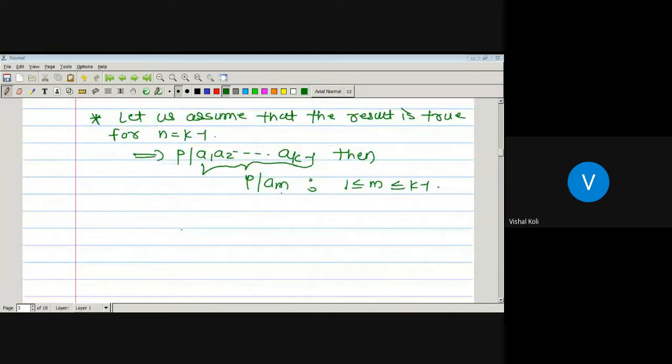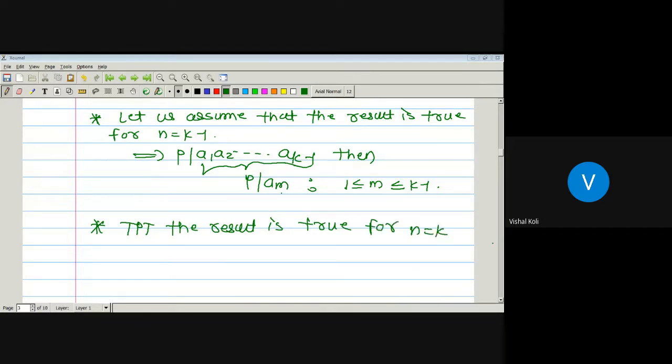In the last step we have to prove that whenever the result is true for n equal to k minus 1, it is true for n equal to k also.